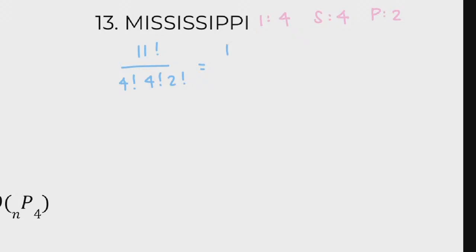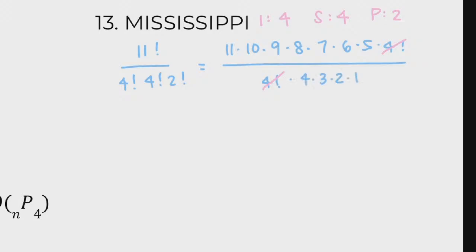So I'm going to write it out to 4, because that'll cancel out with the first 4 factorial. And after that's canceled out, I won't have any factorials in the numerator to cancel out anymore, so we have to write out 4 factorial as 4 times 3 times 2 times 1, and 2 factorial as 2 times 1.